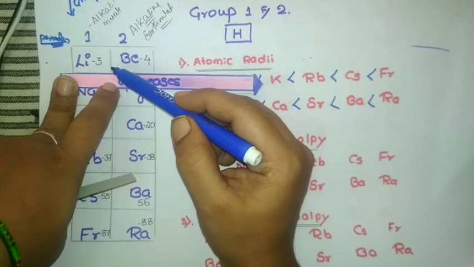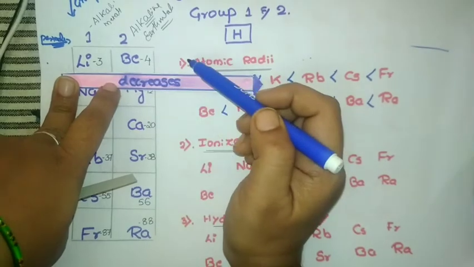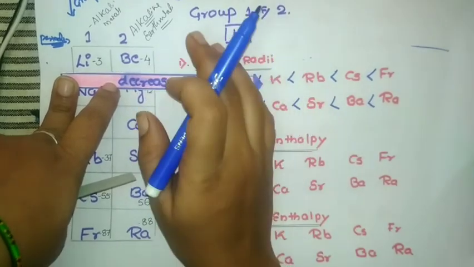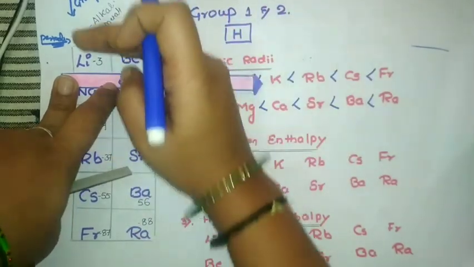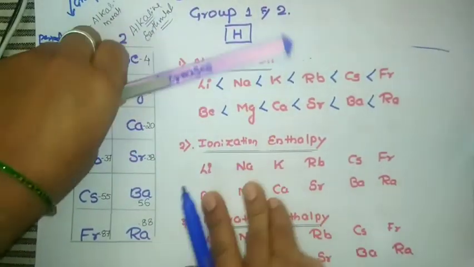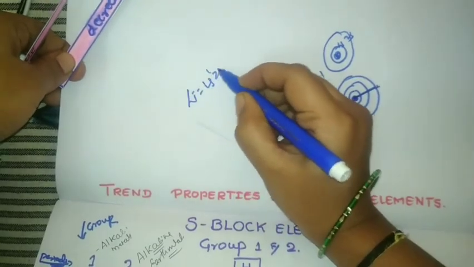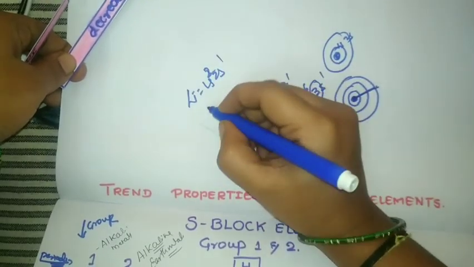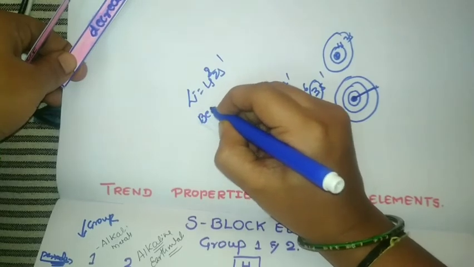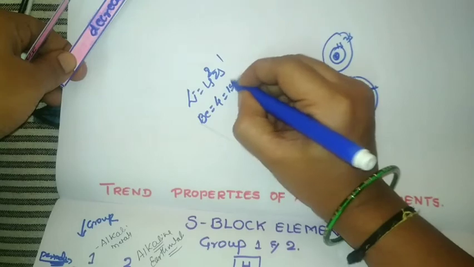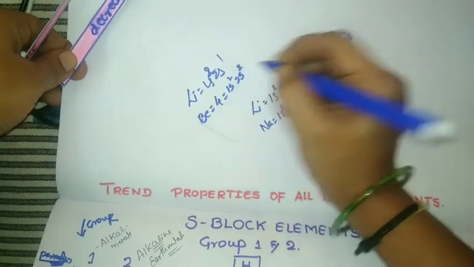Why? Because as we go along a period, the next electron enters the same shell, not the next shell as we saw down the group. I will show you: lithium is 1s2 2s1. After lithium along a period we have beryllium, atomic number 4, so 1s2 2s2.